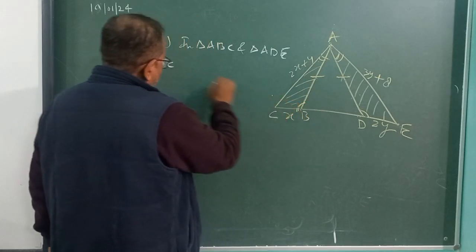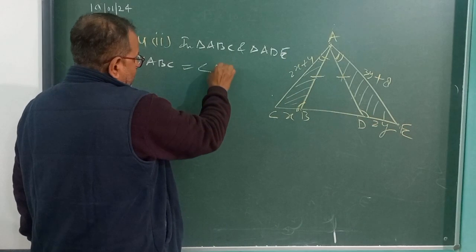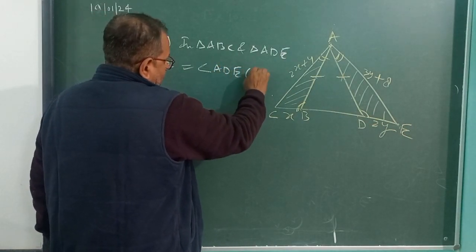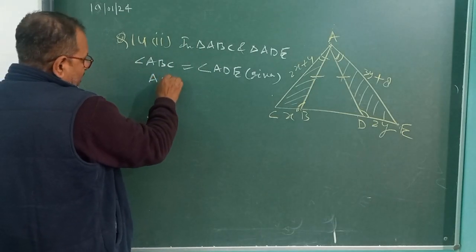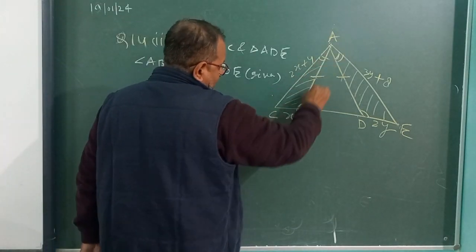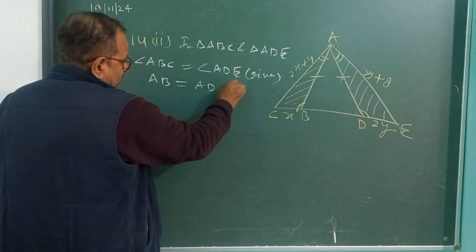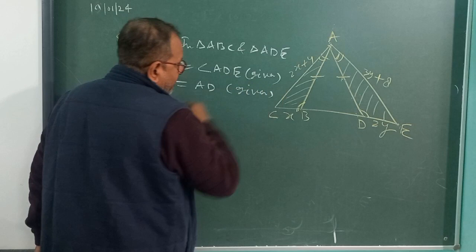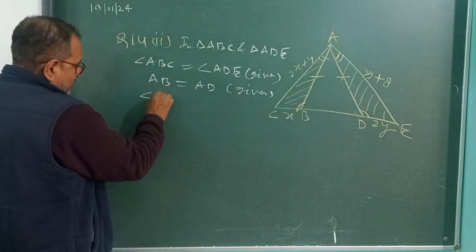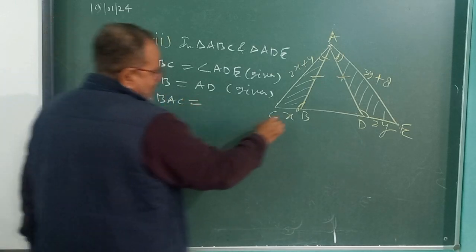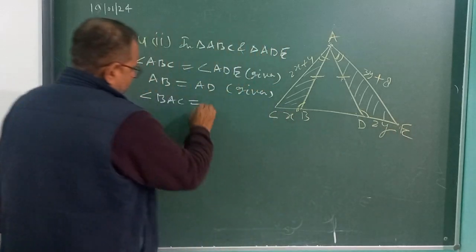Angle ABC is equal to angle ADE. It is given equal. Side AB and AD, these two are equal. Right, given. Next one, angle BAC is equal to angle BAE.